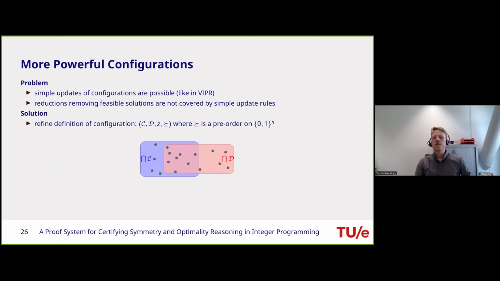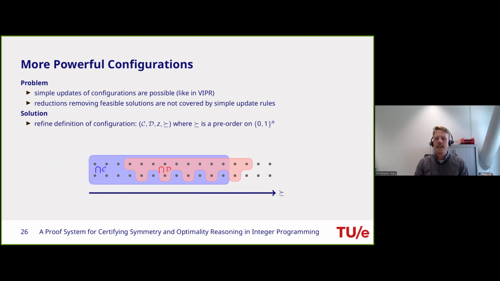And pictorially speaking, this means if I start with my unordered set of core constraints and derived constraints, I now impose some more structure, and all the reductions that I make when going from a solution that only satisfies the core constraints to also a solution that satisfies the derived constraints, I'm not allowed to go left. I'm only allowed to either go upwards or to the right to satisfy this pre-order requirement.